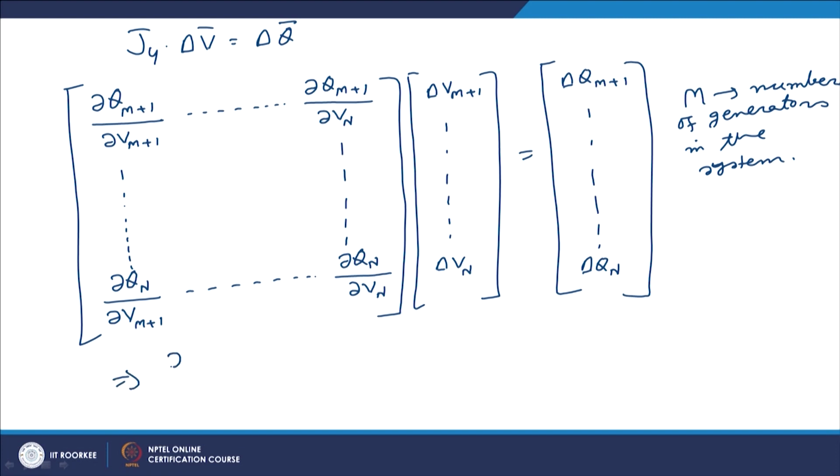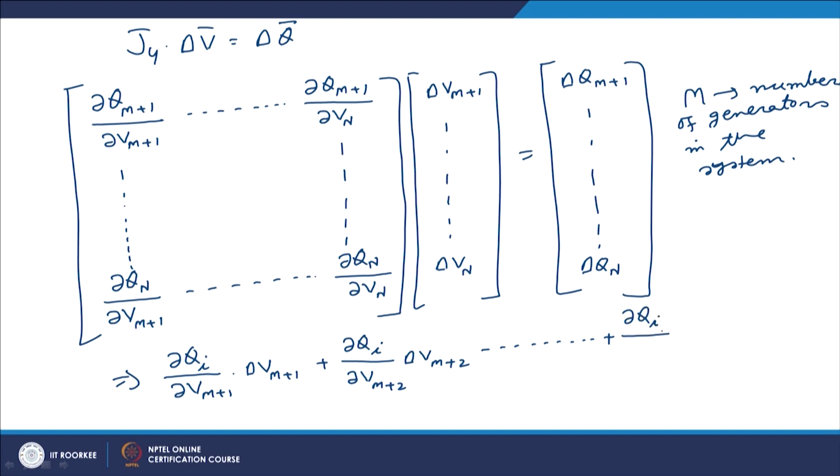We get del q I by del v m plus 1 into delta v m plus 1, plus del q I by del v m plus 2 into delta v m plus 2, dot dot dot, plus del q I by del v n into delta v n is equal to delta q I. So, if we expand as before the ith row for this matrix equation, we get this.